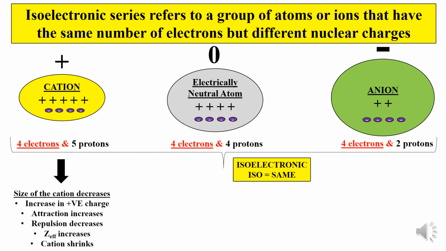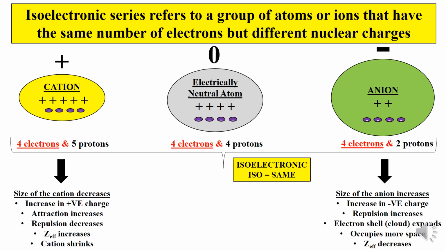You can follow that. And what about the anion? The size of the anion increases because of the increase in the negative charge. There are 4 electrons as compared to 2 protons. So repulsion increases. It is not that there is no attraction. Attraction is there, but the magnitude of repulsion dominates over the attraction.